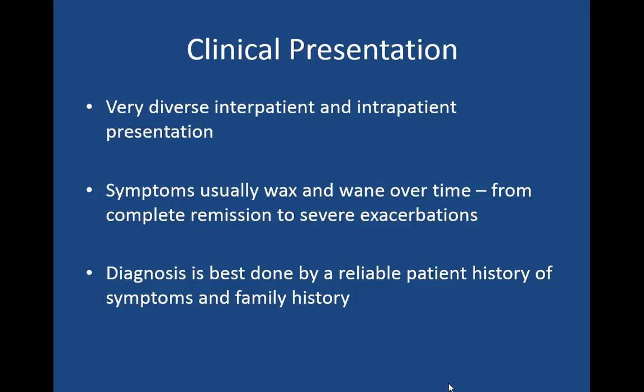Just like we talked about earlier, you could have a lady who is well controlled with her asthma and then decides to become pregnant, and while she's pregnant, her asthma worsens. Symptoms will wax and wane over time, so every patient with asthma will go from sometimes having very severe symptoms to having less severe symptoms, and we don't always know what causes that.